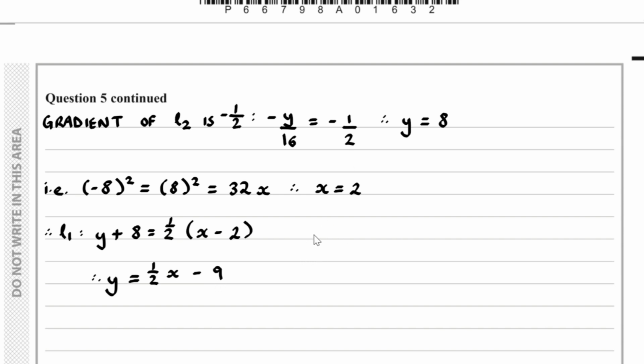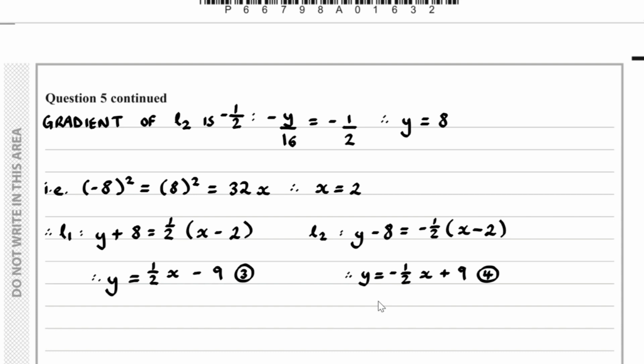And we also have L2, which has equation y minus 8 equals minus 1/2 lots of x minus 2, in which case we can conclude y is equal to minus 1/2 x plus 9. So if I call this equation 3, and this equation 4, you can see then we found the equation of L1 and L2 respectively.